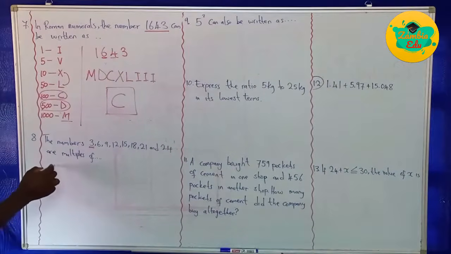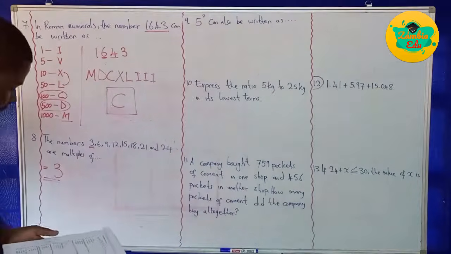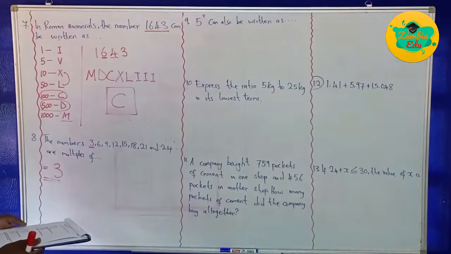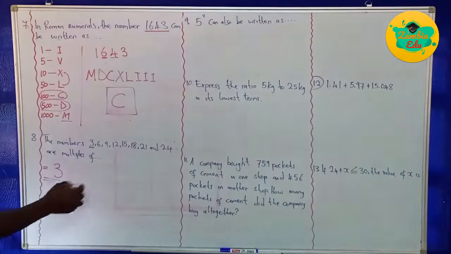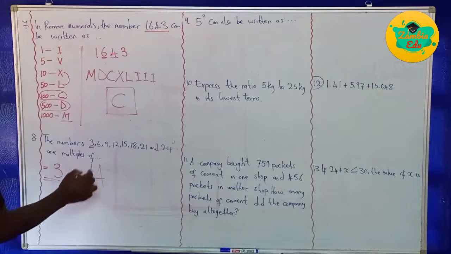We know that these are multiples of 3 itself. That one is just straightforward. They are multiples of 3. If we look at our multiple choice which we've been given, we have A representing the same 3 which we've chosen as our answer. So our answer for number 8 was A.